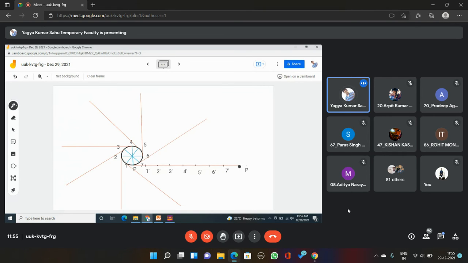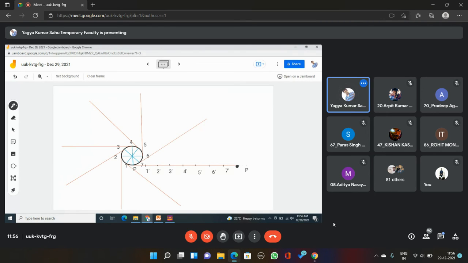Starting from this P, you'll get the last point exactly at this particular point. Why? Because the length of the string is equal to the circumference of circle.